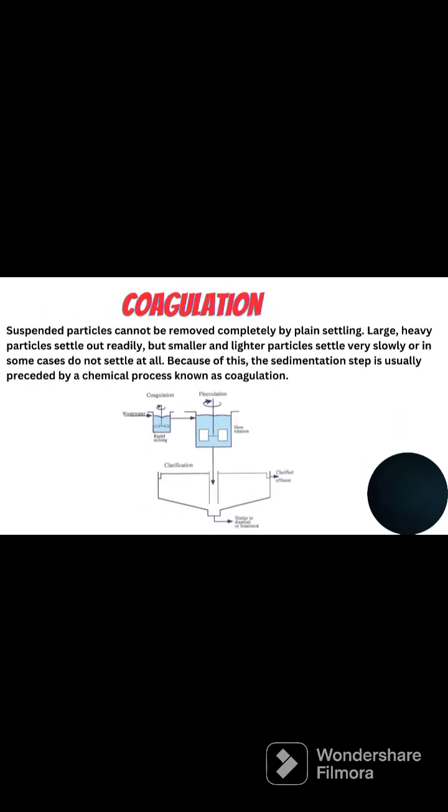Then the next process will be coagulation. Coagulation is a kind of treatment for particles that cannot be settled out by the previous processes, so those are going to settle rapidly using this process. Basically, we settle the lighter particles by using some coagulants, through a chemical process.